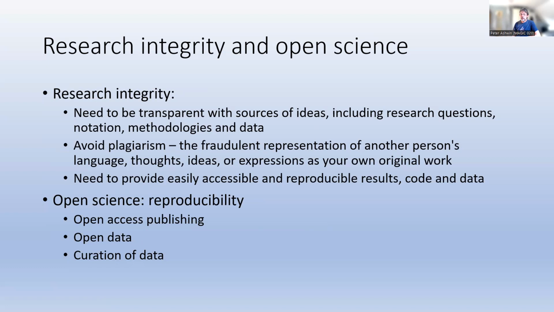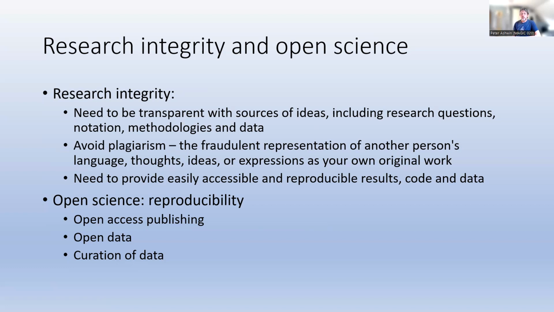Open science is a rapidly developing movement these days. It's all about reproducibility and accessibility of science. You're probably familiar with the idea of open access publishing, where increasingly any published material from journals to books is being made fully accessible without pay to anyone who wants to read it.